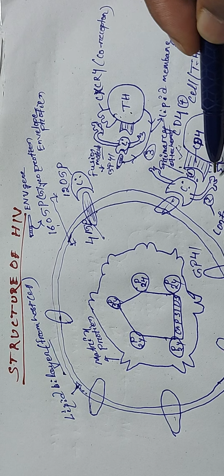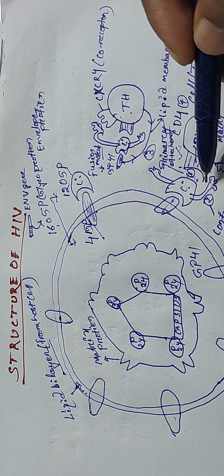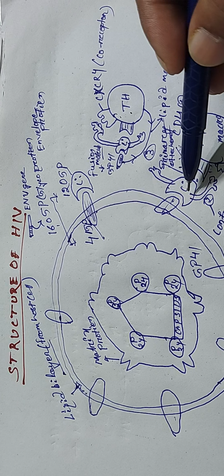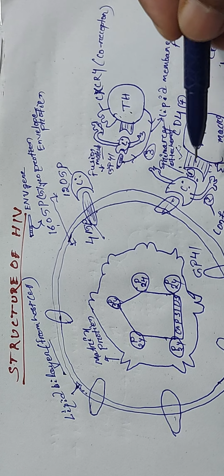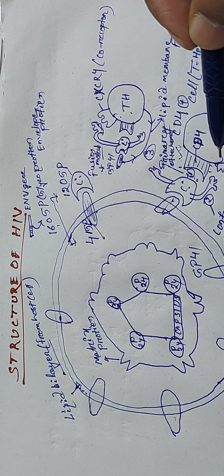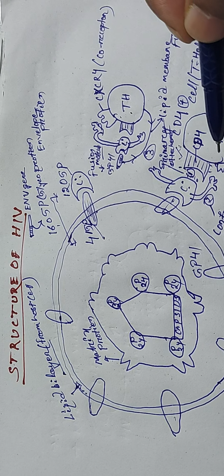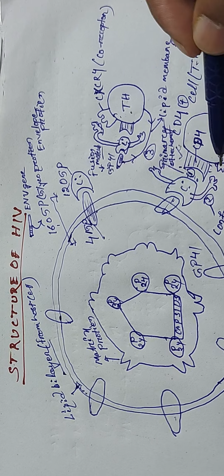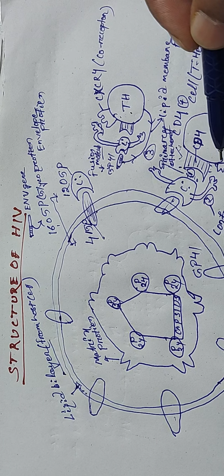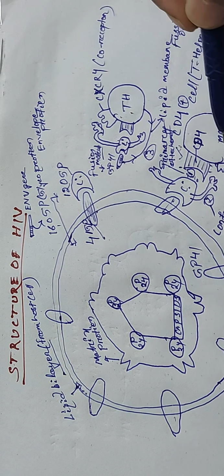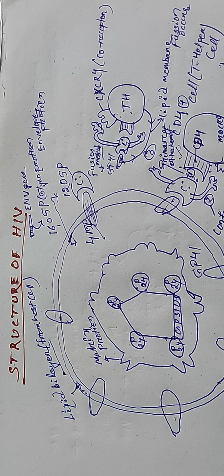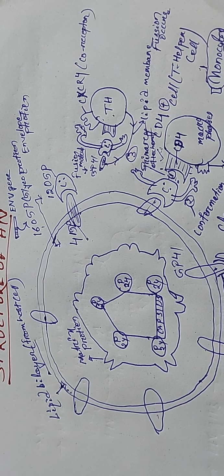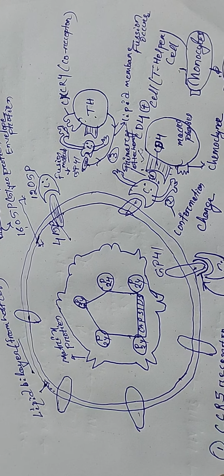It forms another projection, formed by the conformational changes, which binds the chemokine receptor site present on the macrophage. That chemokine receptor is called CCR5.